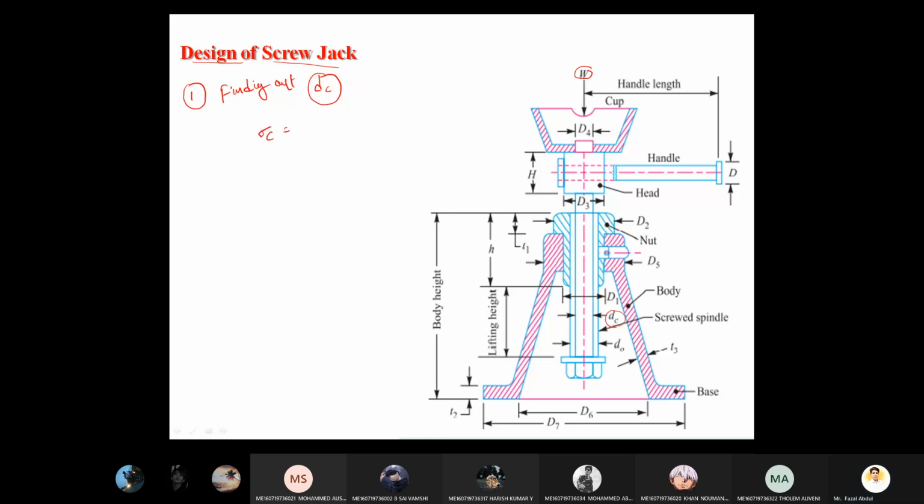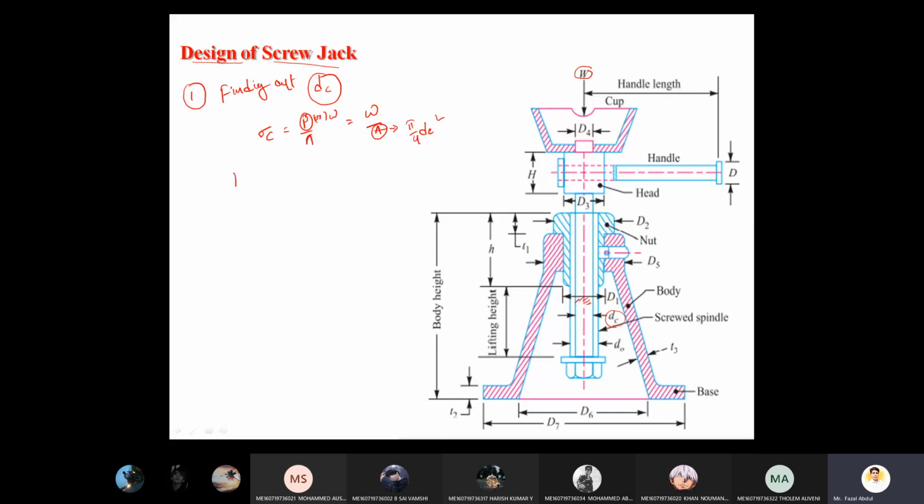Compressive stress is load by area, that is W by area. Which area do we consider? The part subjected to compression, so the area is pi by 4 into Dc square. Only Dc needs to be calculated.